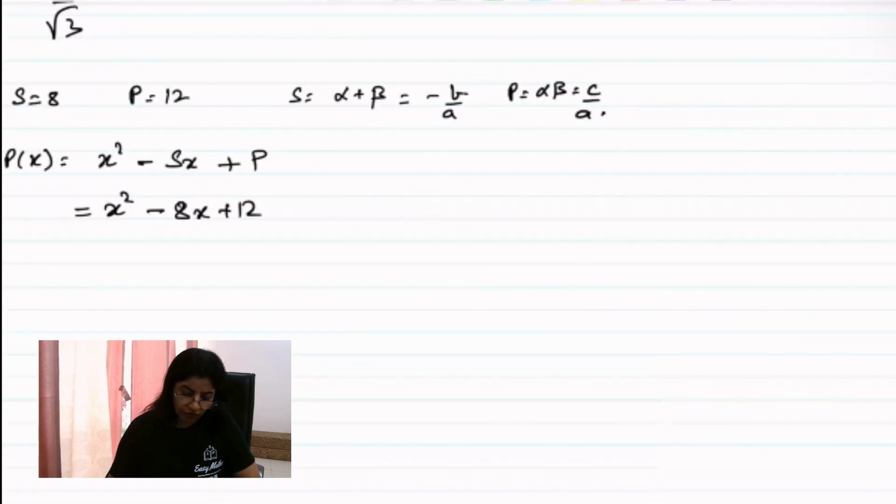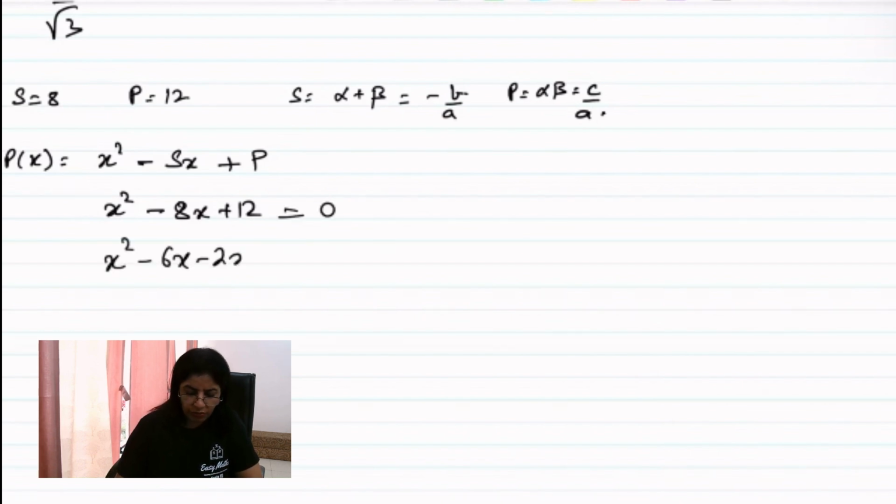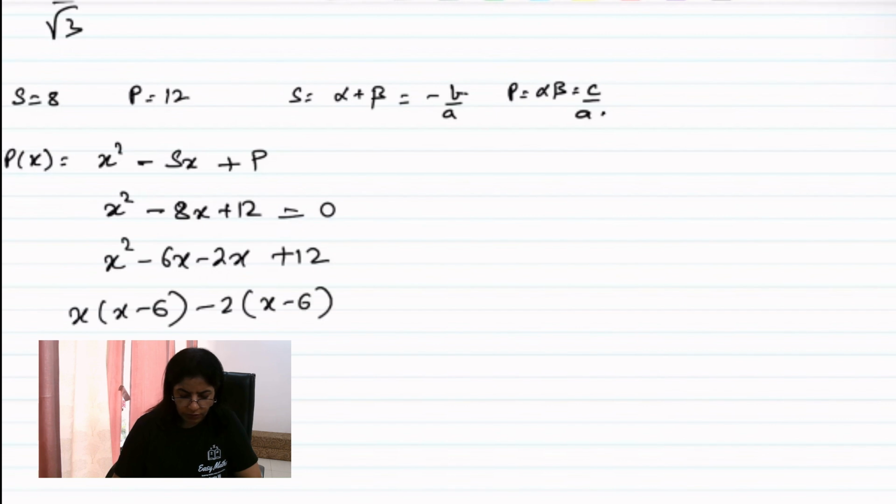So coming to find the zeros of the polynomial, you will simply do middle term splitting. x square minus 6x minus 2x plus 12, x common, x minus 6, minus 2 common, x minus 6. So x minus 2 and x minus 6 become the factors, and the zeros of the polynomial are 2 and 6.